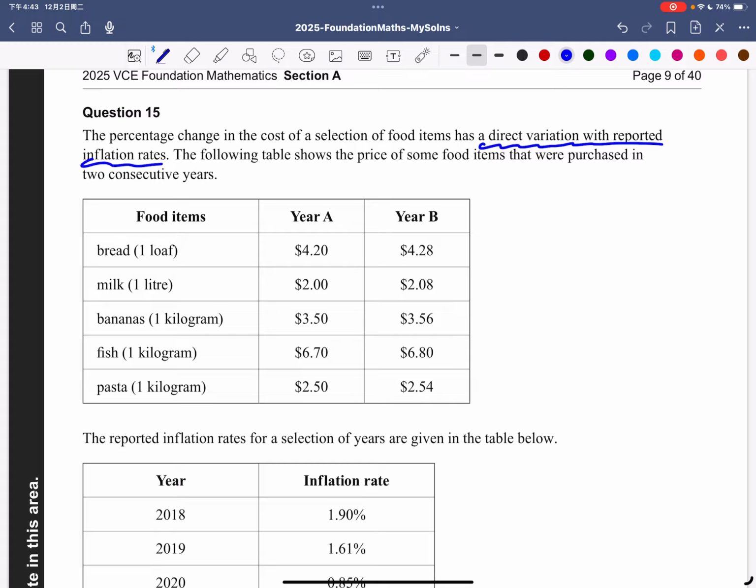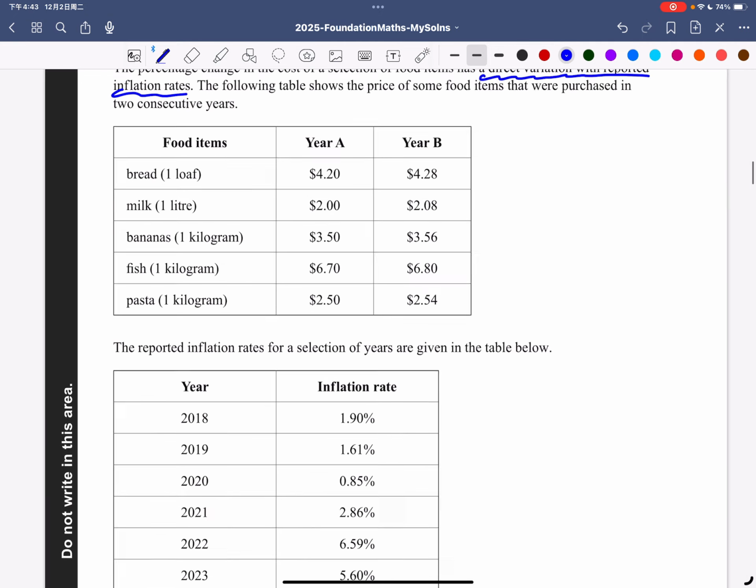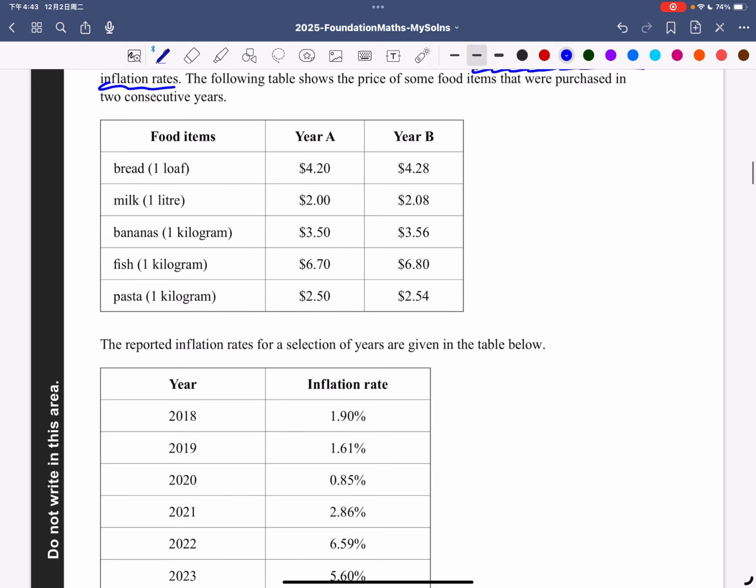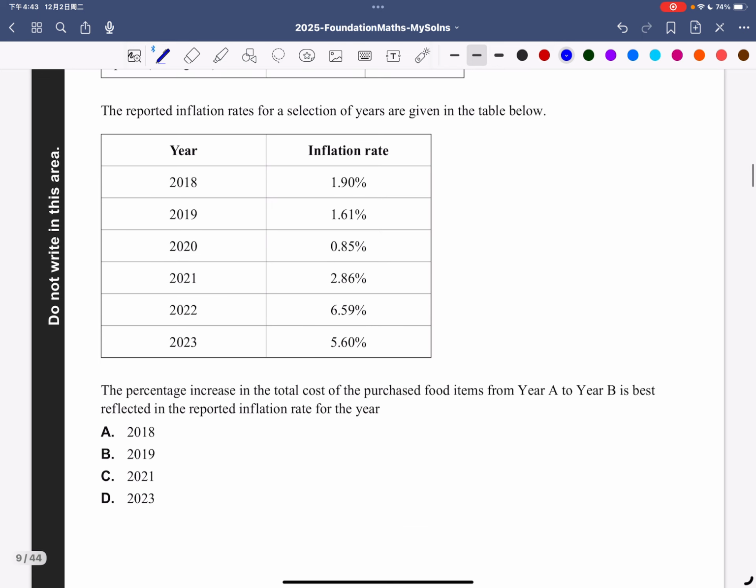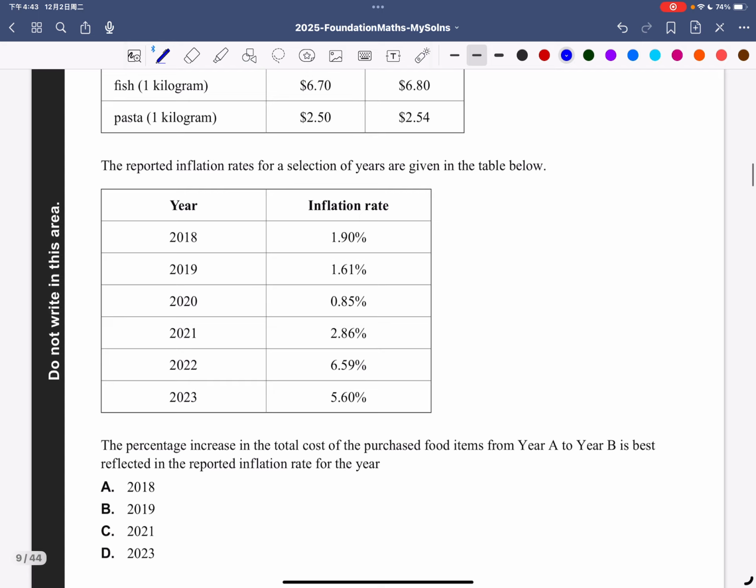The following table shows the price of some food items that were purchased in 2 consecutive years: bread, 1 loaf; milk, 1 liter; bananas, 1 kilo; fish, 1 kilo; pasta, 1 kilo. All right, the reported inflation rates for the selection of years are given in the table below. The percentage increase in the total cost of the purchased food items from year A to year B is best reflected in the reported inflation rate for the year.